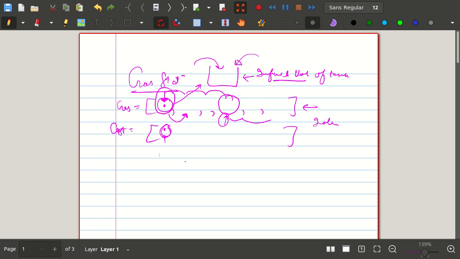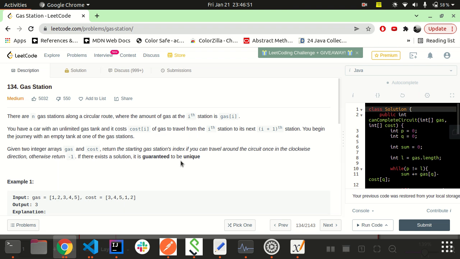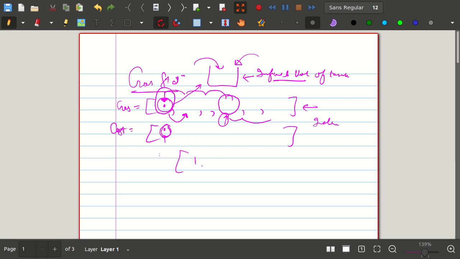So for example, let's take the same example, 1 2 3 4 5, and the other is cost.